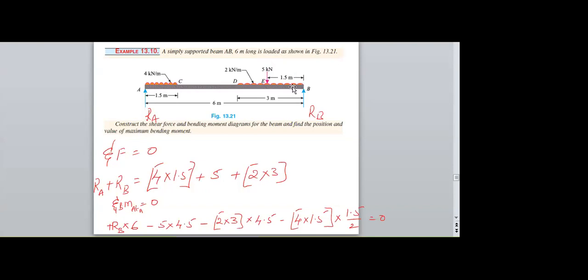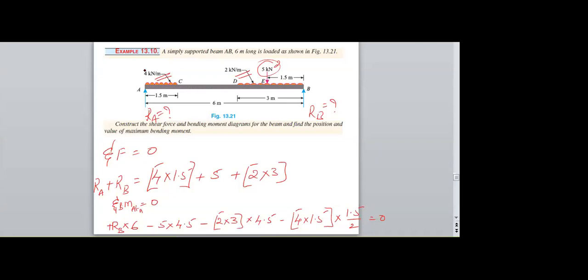If you observe here, two UDLs are acting, and another point load is acting here. And I need to find out the reaction forces RA and RB at the supports.